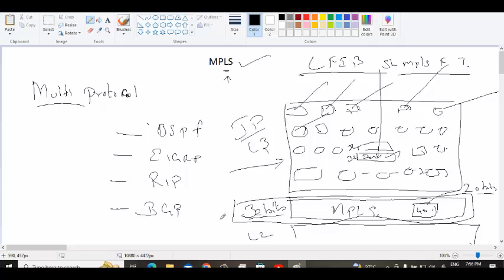Is this part clear? I'm going to tell you the other part, which exists even before MPLS, called CEF, Cisco Express Forwarding.